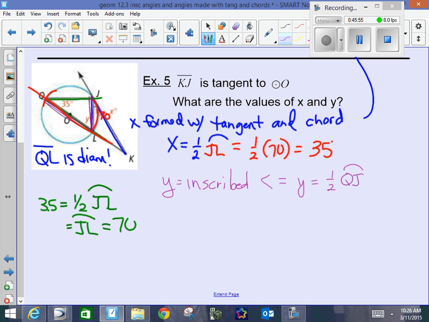So I got 70 used up, so what's left? 110. Put it right in the arc, and that way you know what it stands for. It gets kind of convoluted if you're not real organized about where you're putting stuff. All right, so 110 is the QJ. So what's Y? 55.